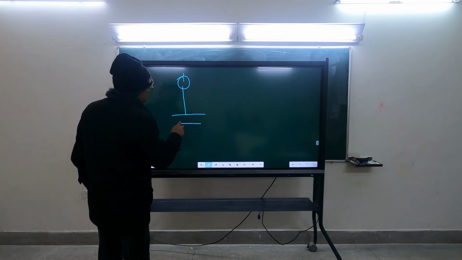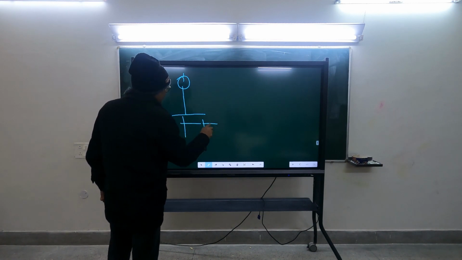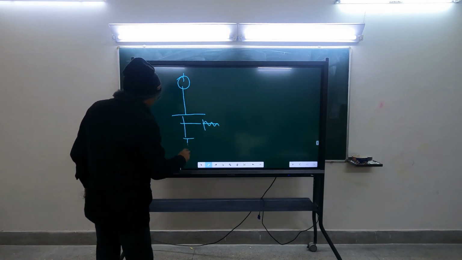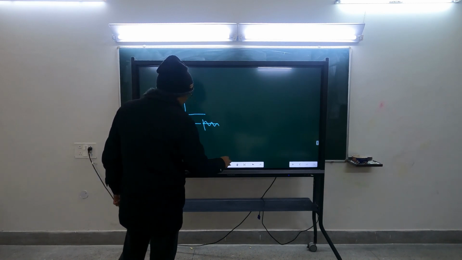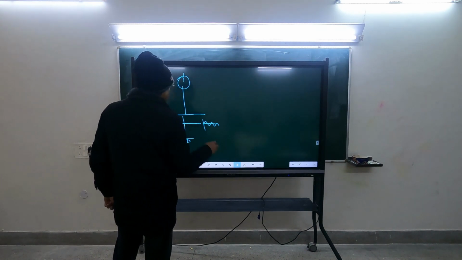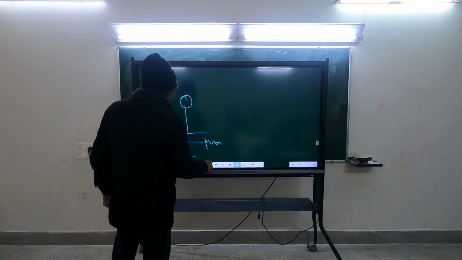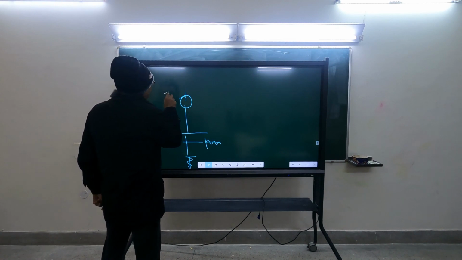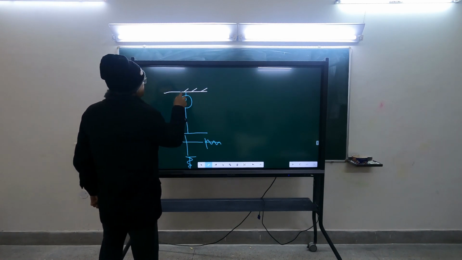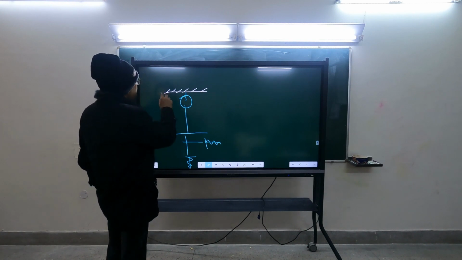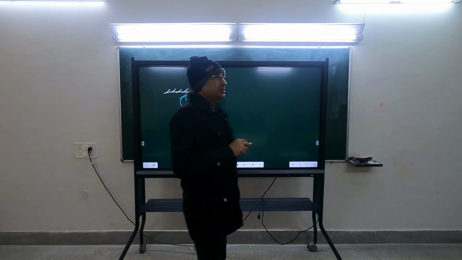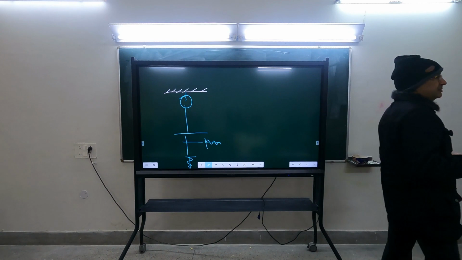It is subjected to earthquake motion in the two orthogonal directions. And at the top of it, I take a glass plate, and on this glass plate I put a carbon layer.